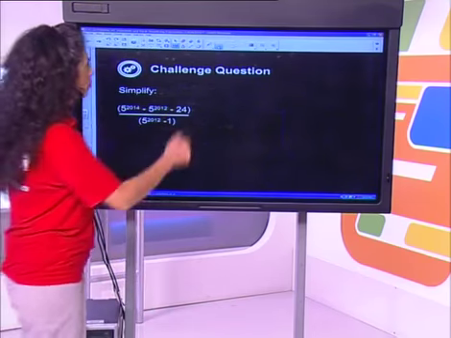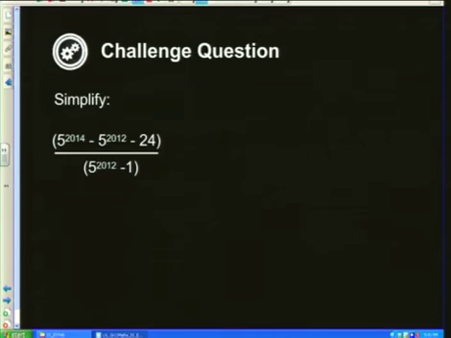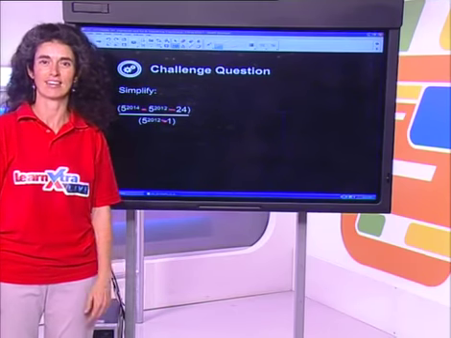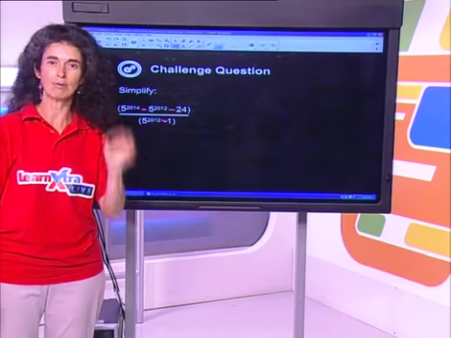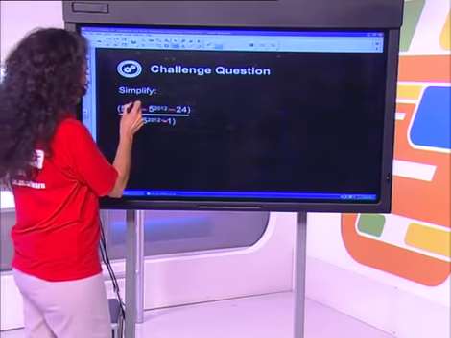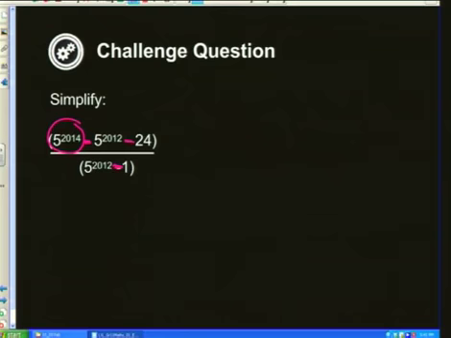Well, we notice straight away that we have this negative, and this negative. So I am going to be factorizing. There's no other way of being able to divide unless you have factors. So I've got this massive 5 to the power of 2014, which your calculator would not cope with. And I've got this 5 to the power of 2012, which it also can't cope with.